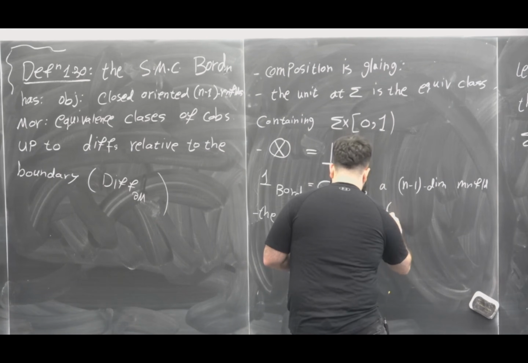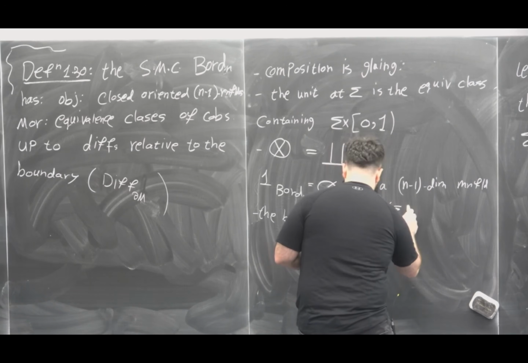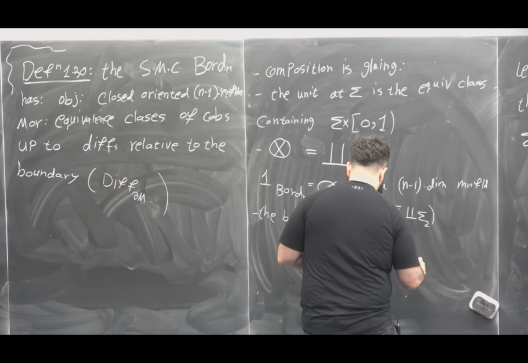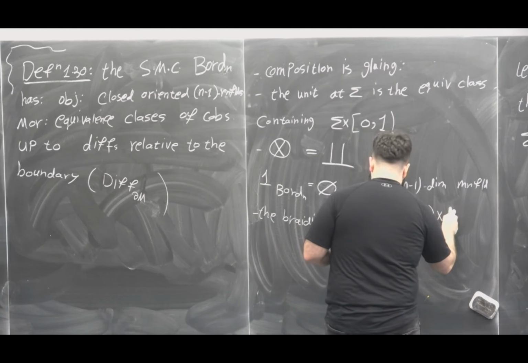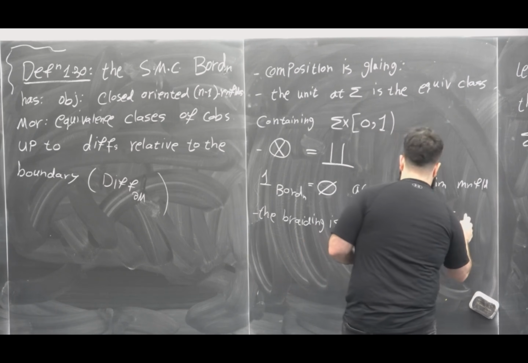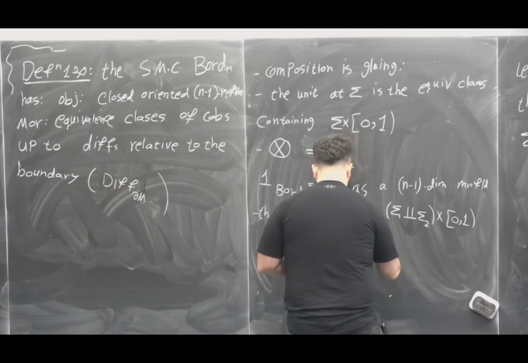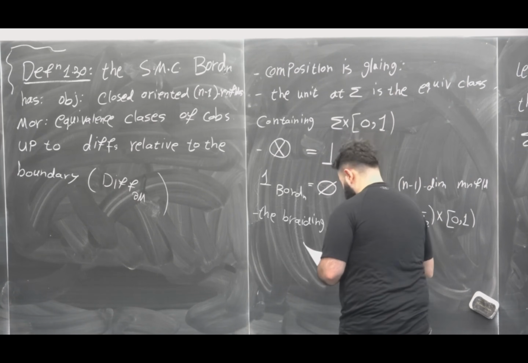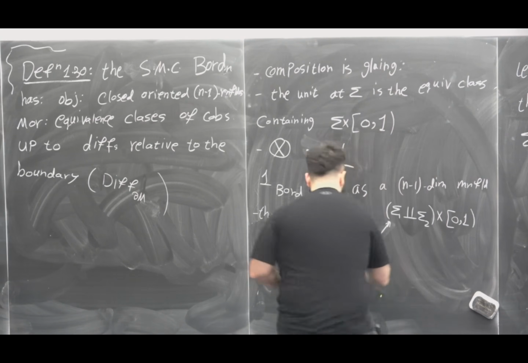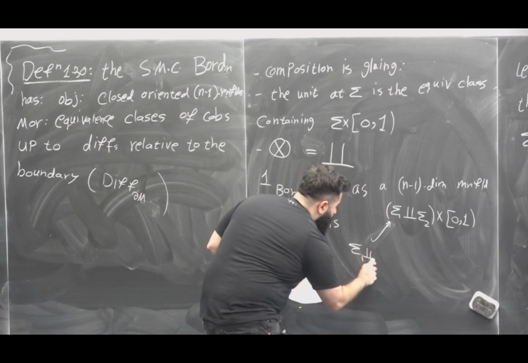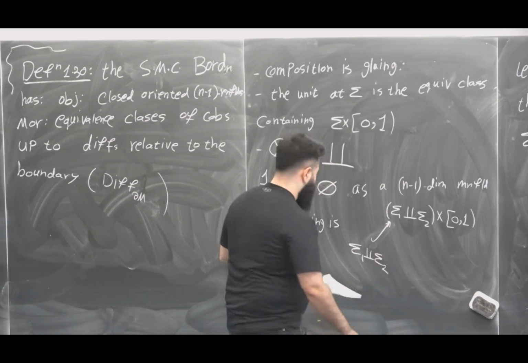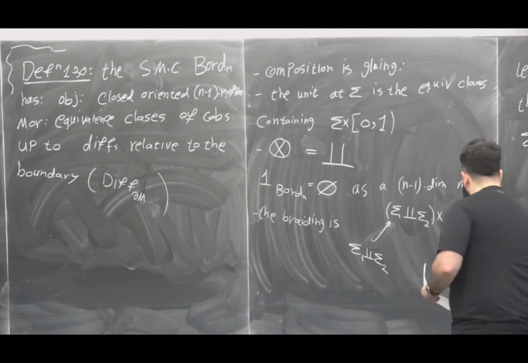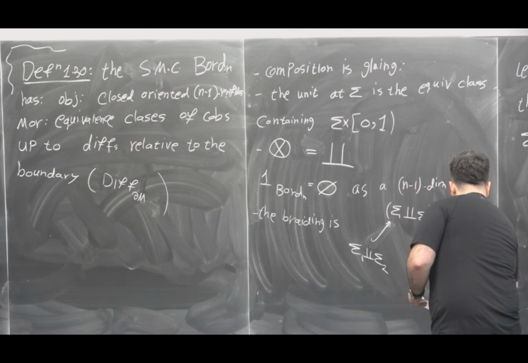I take the disjoint union of sigma 1 and sigma 2, and I take the collar of that, and there's an injection into this of sigma 1 disjoint union sigma 2, and sigma 2 disjoint union sigma 1.